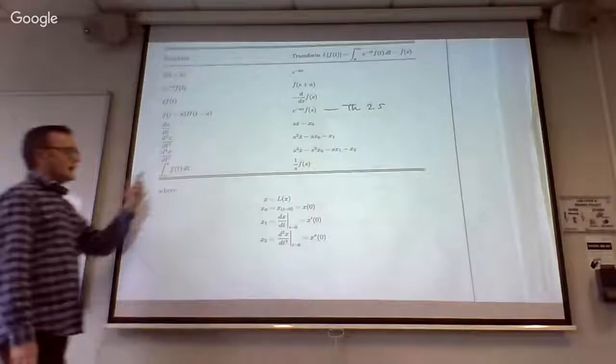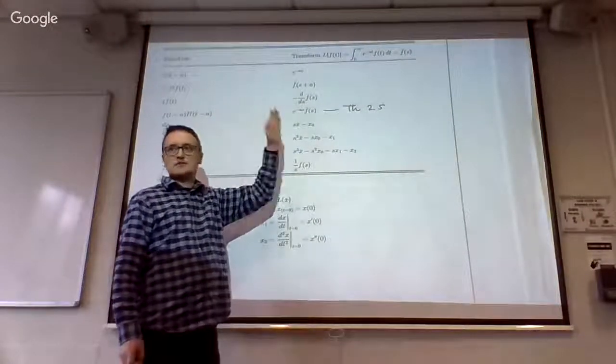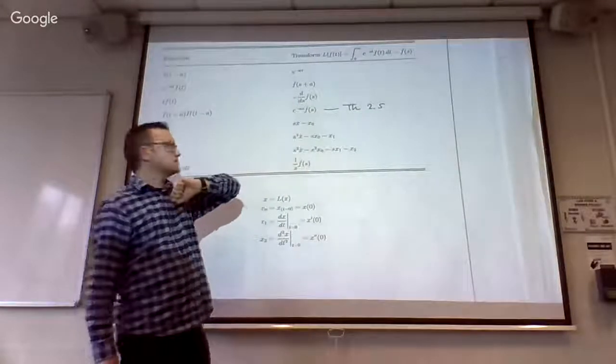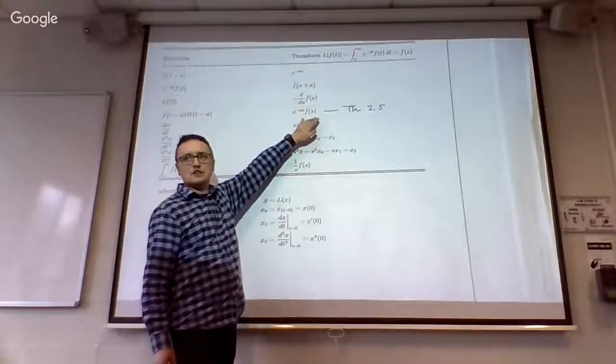And you've got varying values of a for those three. For a equals 0, it's the 1, a equals minus 2, e to the minus 2s, and a equals minus 4. So we've got 3 instances of this result.